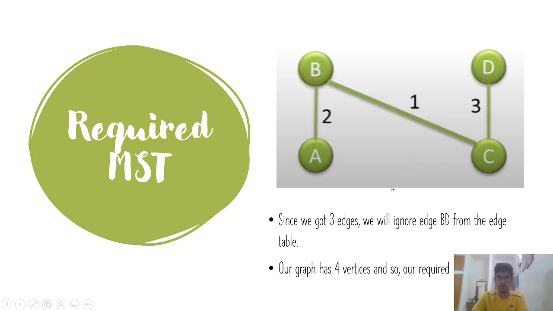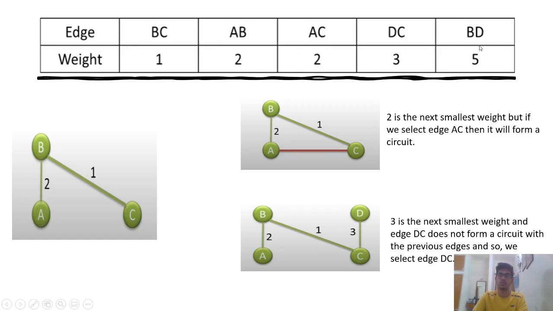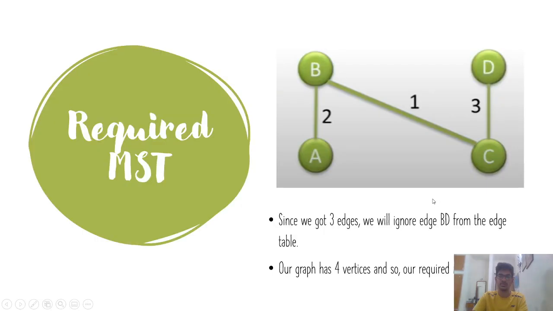And we saw that our MST can only have 3 edges, so we have finished selecting 3 edges. Since we got 3 edges, we will ignore the edge BD from the edge table. Even though BD is left, we have to ignore it because we can have only 3 edges, and we have already selected those.